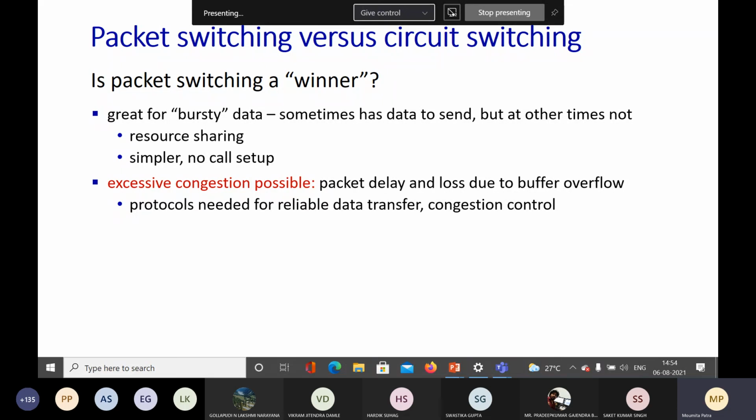That's why I said that either the router will tell the source that you are flooding my buffer, or the source will see that whatever it is sending is not reaching the destination. How will that be found out? With reliable data transfer. Reliable data transfer will tell you whether your data is actually being received at the receiver's end or not.